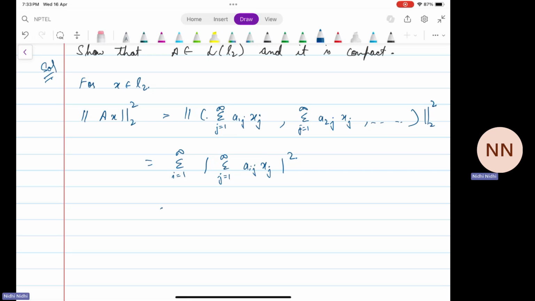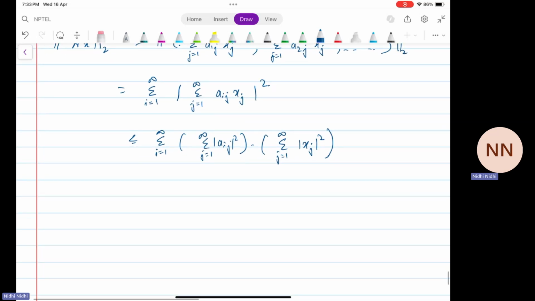This is less than or equal to summation i from 1 to infinity, summation j from 1 to infinity aij square times summation j from 1 to infinity mod xj square. This comes by the Cauchy-Schwarz inequality.